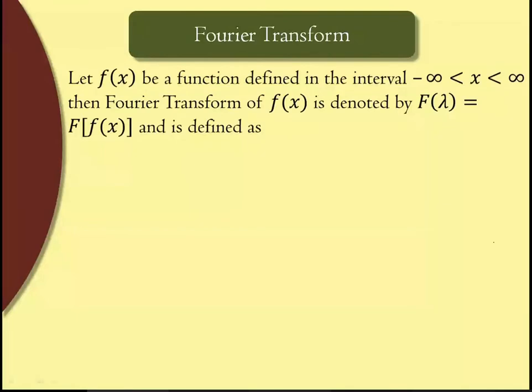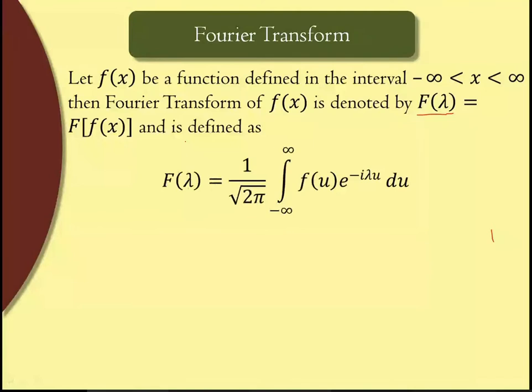If you have a function f of x defined in the interval minus infinity to infinity, then the Fourier transform of f of x is denoted by f of lambda, or also by capital F, and it is defined as f of lambda is equal to 1 upon square root of 2 pi, integral from minus infinity to infinity of f of u e raised to minus i lambda u du.